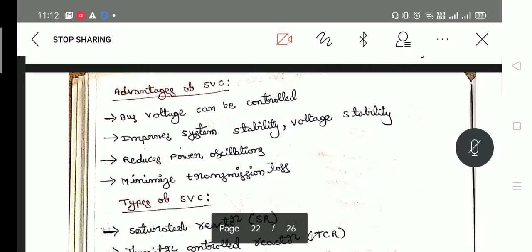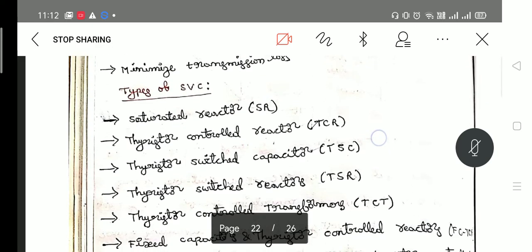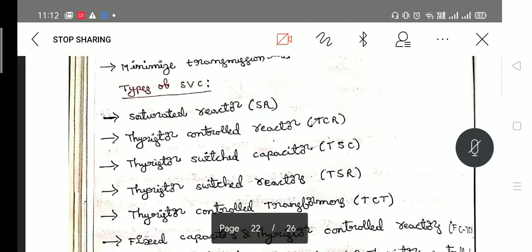We have a number of types of static VAR compensator. First one is saturated reactor. Second one is thyristor controlled reactor, TCR. Third one is thyristor switched capacitor, TSC. Fourth one is thyristor switched reactor, TSR. Fifth one is thyristor controlled transformer, that is TCT.